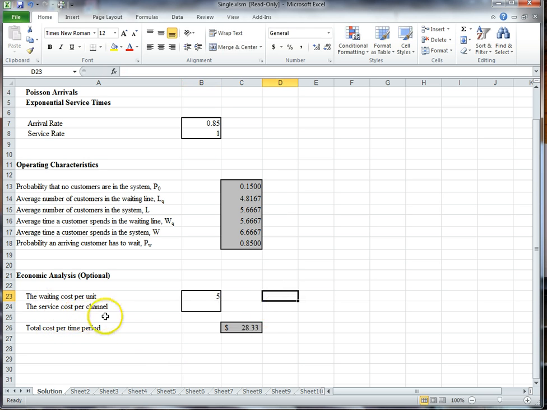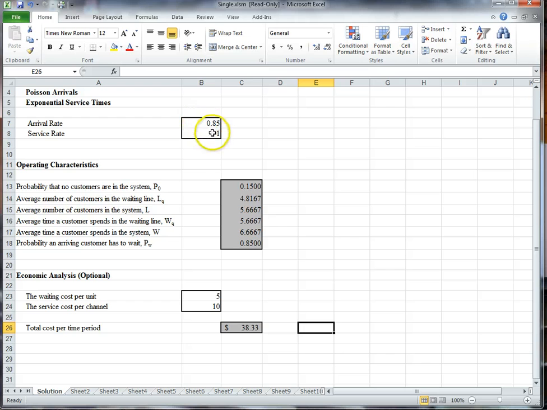And the service cost per channel, channel means server, and suppose that's say $10, maybe think about an hour minimum pay. In this case I can't have multiple channels because I only have 1 channel, but we'll talk about it when we have multiple servers. But now, let me go back.